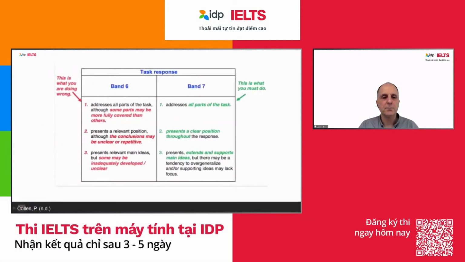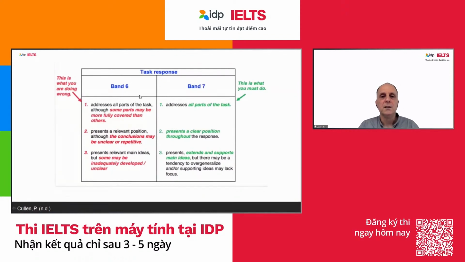Now, this is also from Pauline Cullen. She has very clearly highlighted this. Lots of people get stuck at a band 6. And she has a video even saying native speaker writers do exactly the same thing.